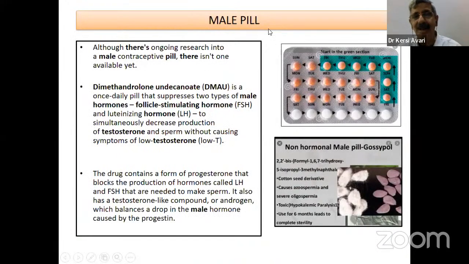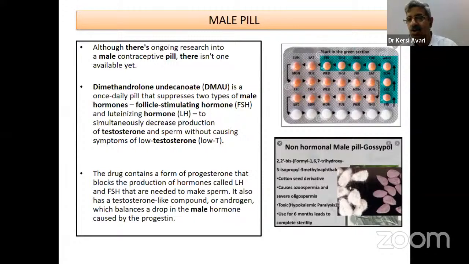Now, there is even a male pill available. What does it do? They literally block the pituitary production of FSH and LH. So obviously the target organ, the testis, is deprived of hormonal stimulation.